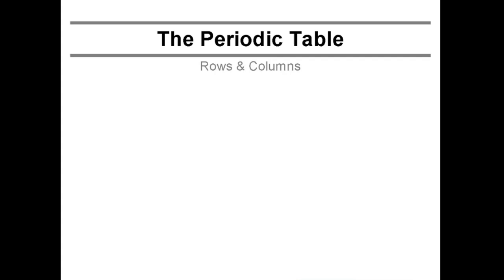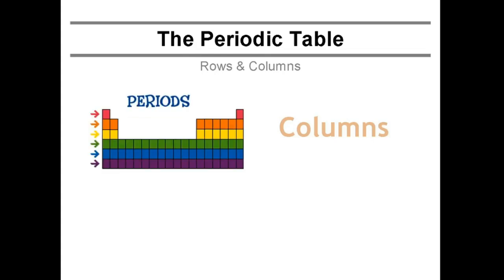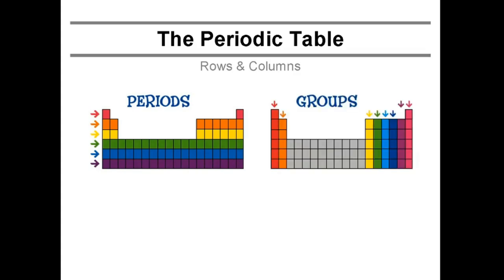So let's go a little bit further into the periodic table of elements. A periodic table consists of 2 parts, sorted by rows and sorted by columns. The rows we actually call periods, hence the periodic table. The columns make up groups. So we have periods and groups.